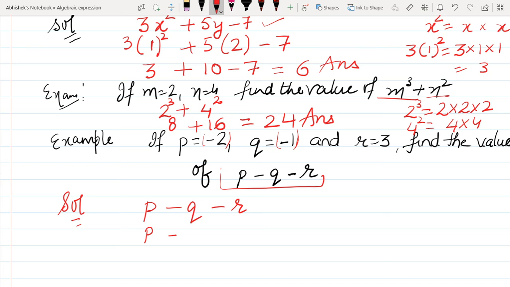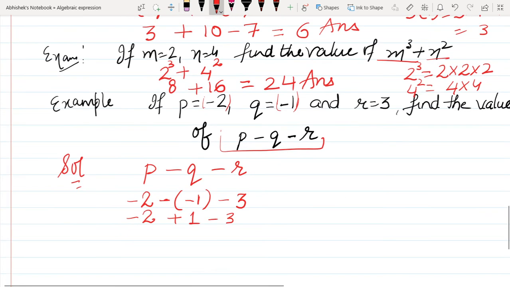What will we put in place of p? It is minus 2. This minus remains as it is. In place of q it is minus 1, so I'll put minus 1 in brackets because here we have two signs. And the value of r is 3. The first work is that there should be only a single sign between two numbers. So first we'll convert this into a single sign. Minus 2 remains as it is, minus minus becomes plus, and minus 3.